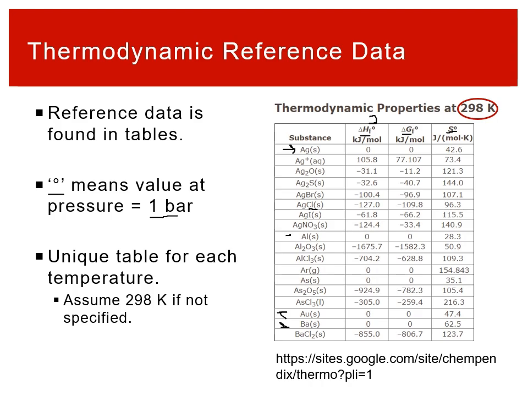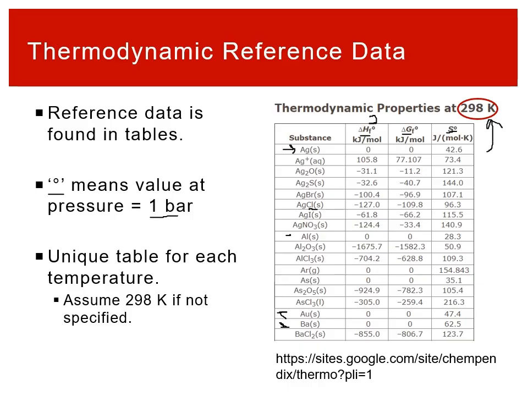You can generally assume 1 bar is the atmospheric pressure in most places, and it's very close to what we have here in Baytown. So that's a good approximation that we're always at 1 bar, in any calculation or any chemical reaction you're ever going to do. You will note that the temperature is specified.